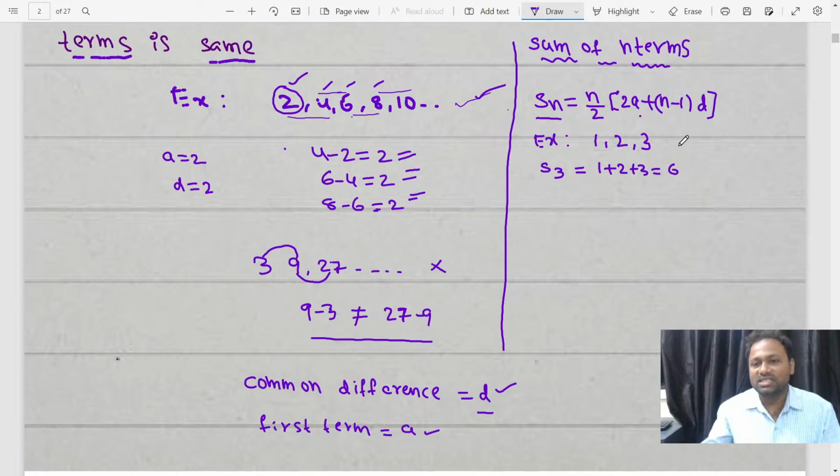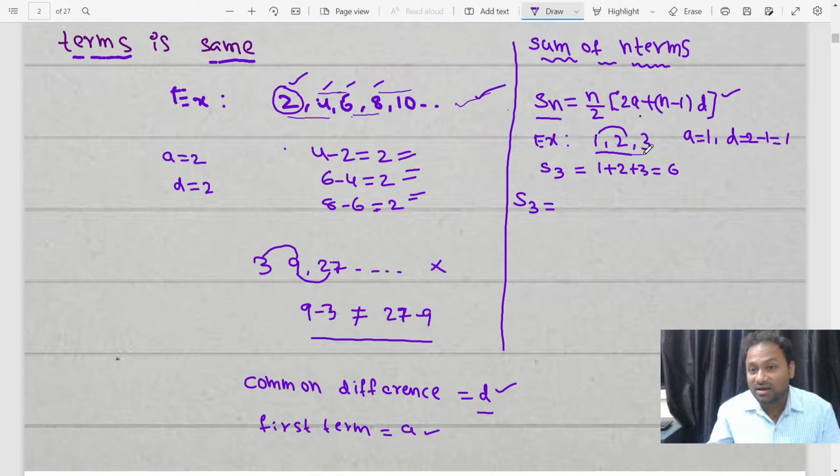In this, what is the first term? A is equal to 1. What is the common difference? D is equal to 2 minus 1. How much will it be? 1. I got the common difference. Substitute in this, will we get the same answer or not? I will check. S3 is equal to n by 2.